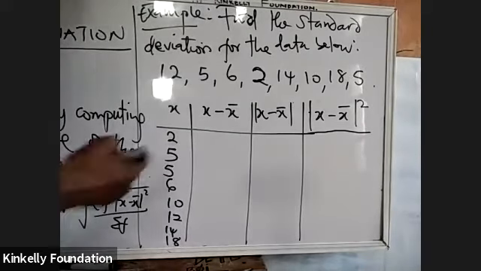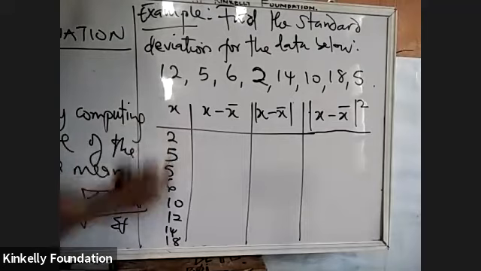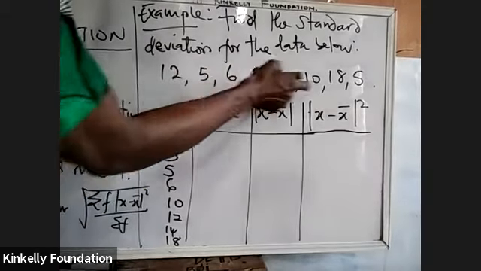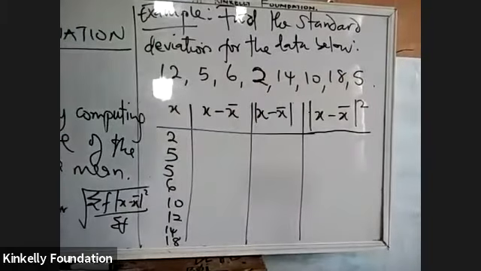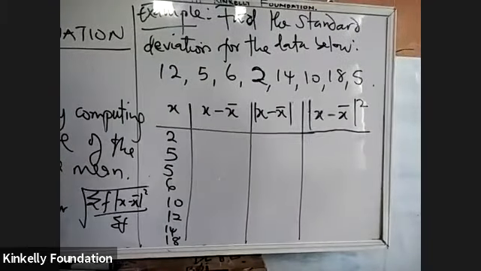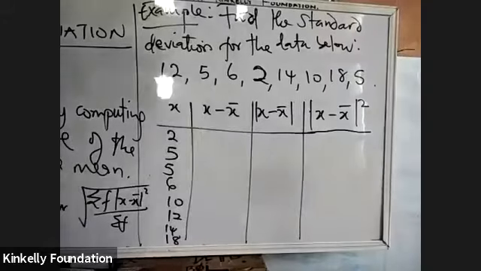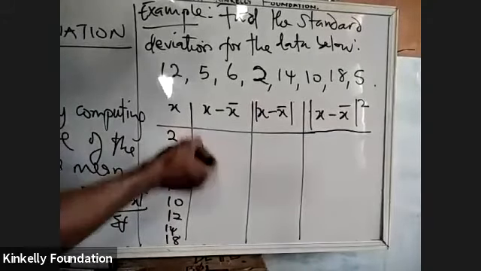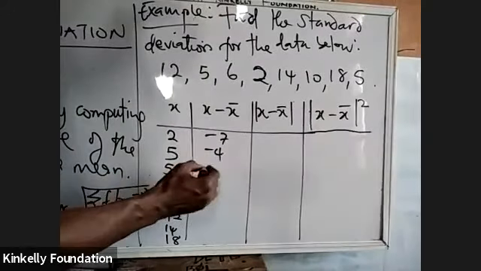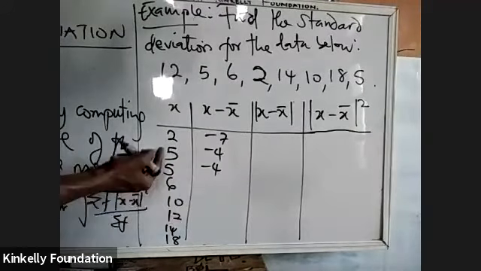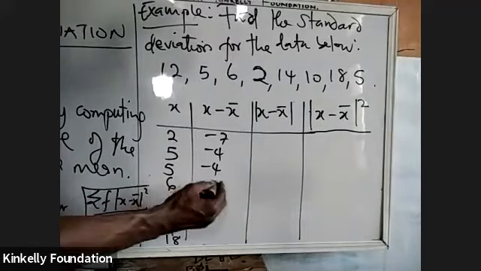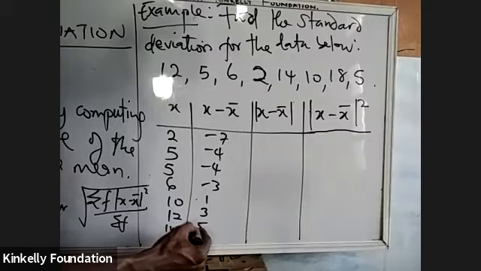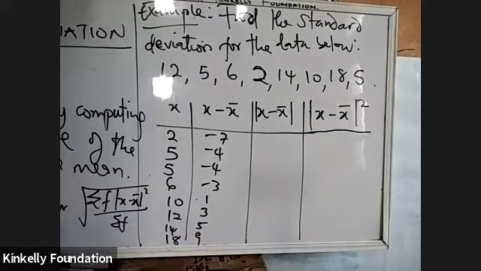Now, what is the mean of this? Sum these and divide by the number of items, 1, 2, 3, 4, 5, 6, 7, 8. Remember, the mean of this is 9. The deviations will be minus 7, minus 4, minus 4, minus 3, 1, 3, 5, and 9.